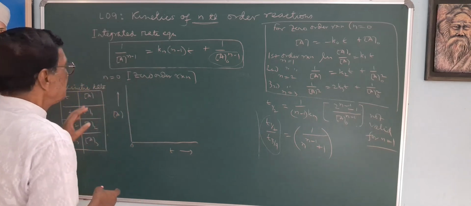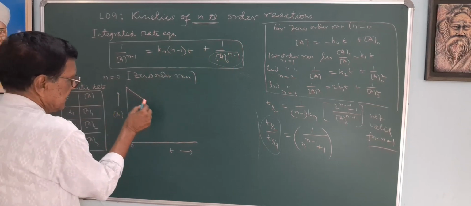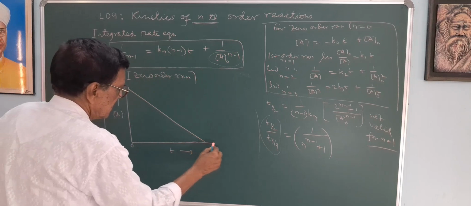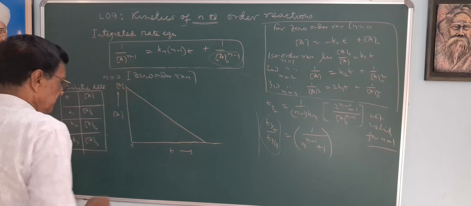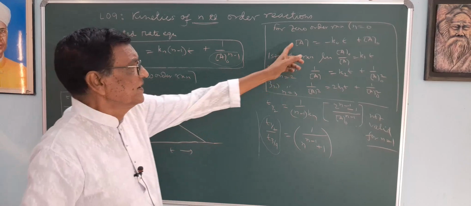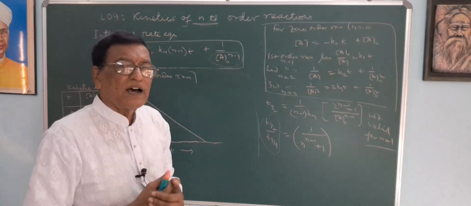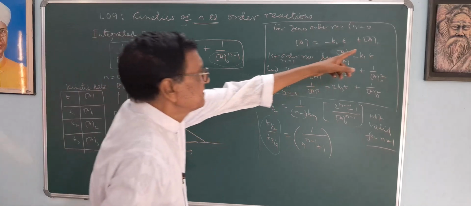So for the 0 order reaction it comes like that. Here it is A0 when time equal to 0. So it is a linear form with a negative slope, and this one is the intercept.